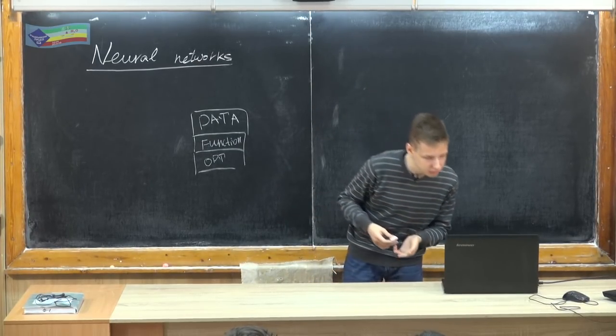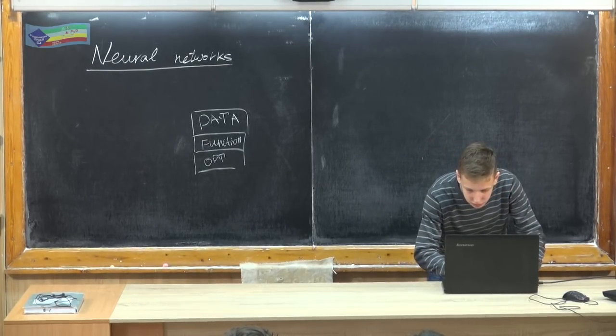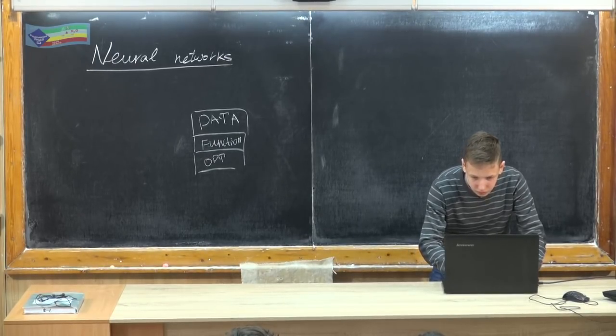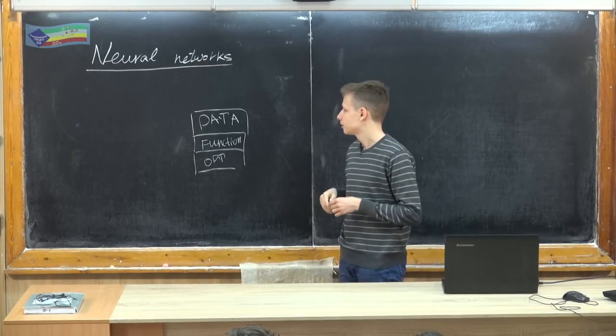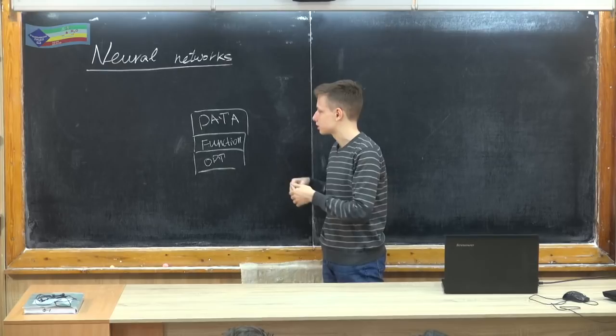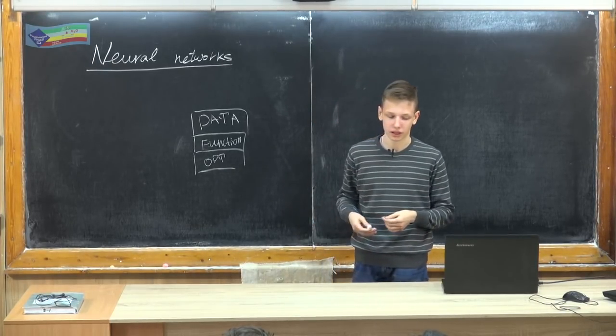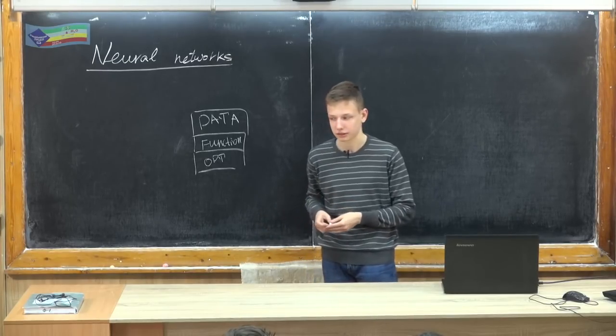And then you can optimize this data and gain something about this function, and finally you can answer a question if this is a winning hand or if this is a losing hand.